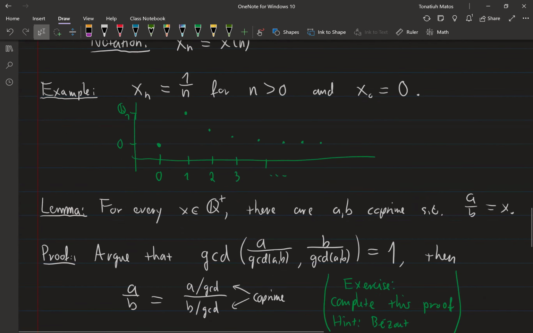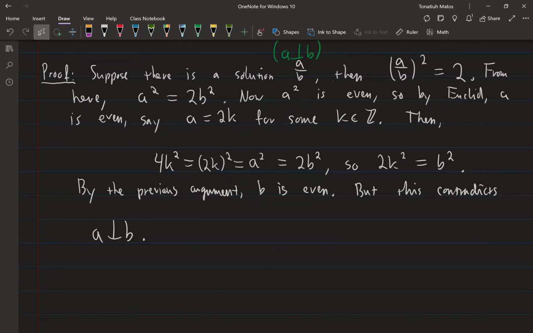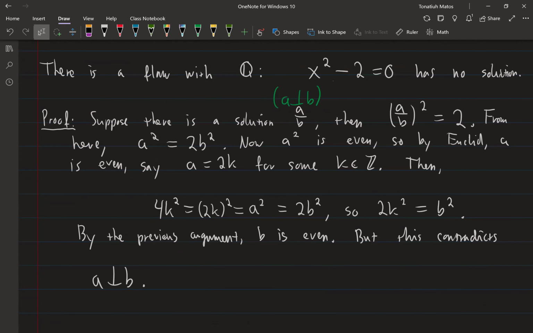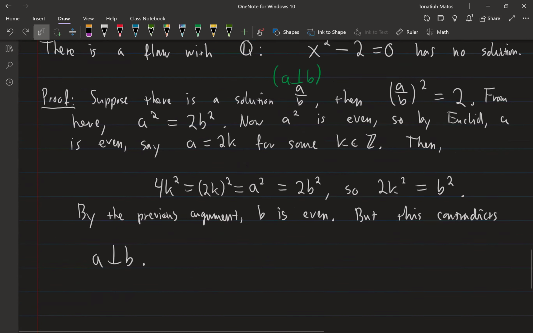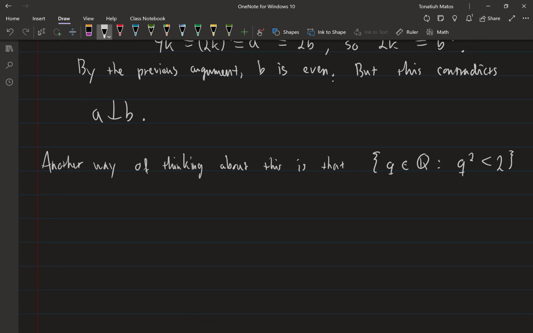It's nothing too obscure. Okay, so this is interesting because it shows that the square root of 2 is not a rational number, right? There is no square root of 2 in the rationals, right? So another way of thinking about this is that if you take the set of rationals, let's call it Q, whose square is less than 2, then this set is bounded, right?